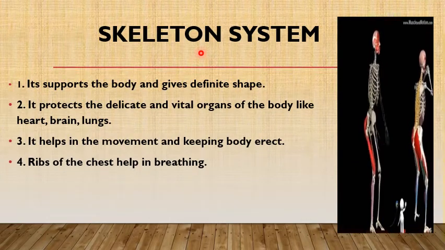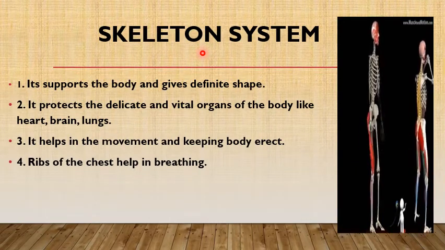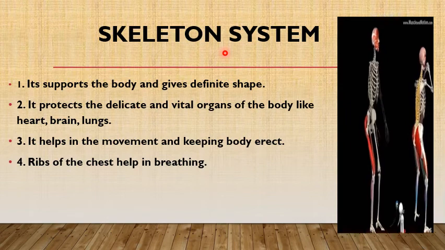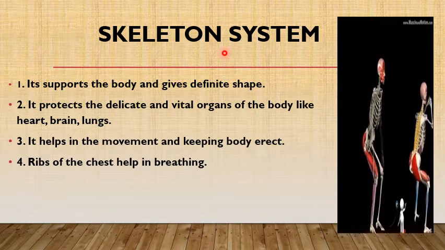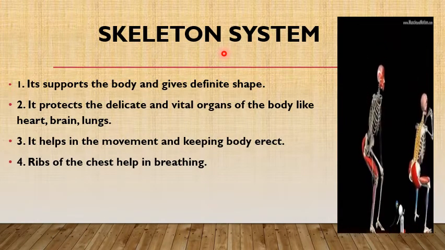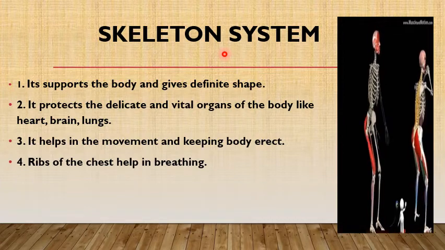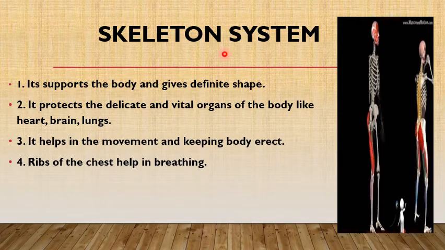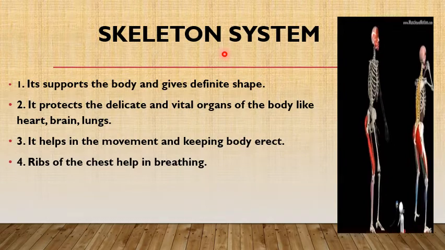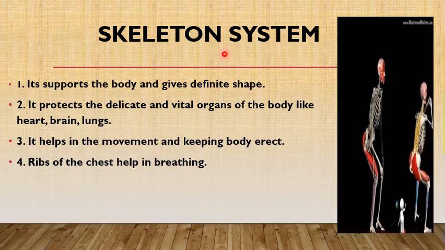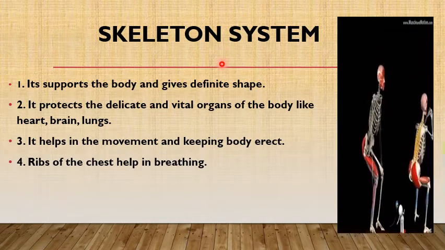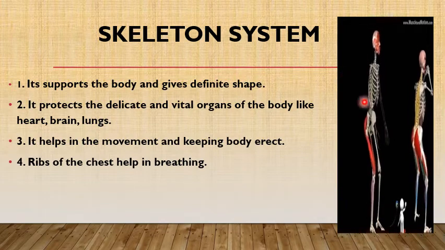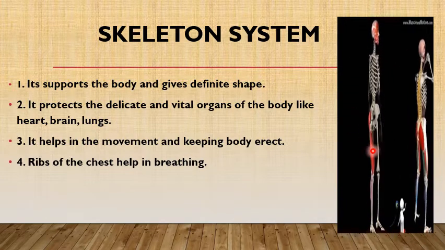Now we discuss what a skeleton is and what the function of the skeleton system is. A hard internal or external framework of bones, cartilage, shells or woody fiber supporting the body of an organism is called skeleton, as you are seeing in this picture.